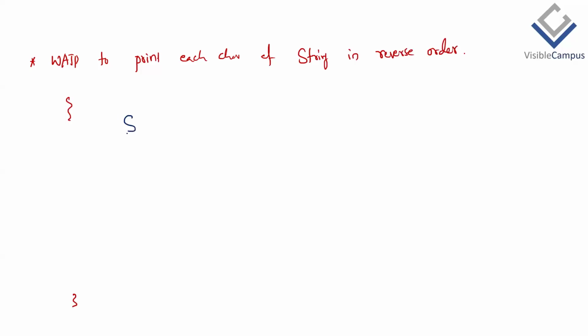The variable name I'm giving is s, so String s equals something in double quotes. Whatever we give, your logic has to print in reverse order. For loop, int i equals s dot length.